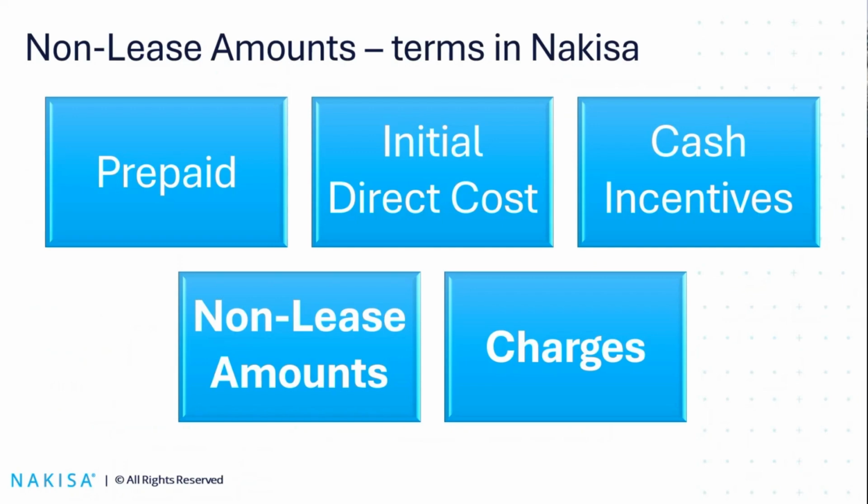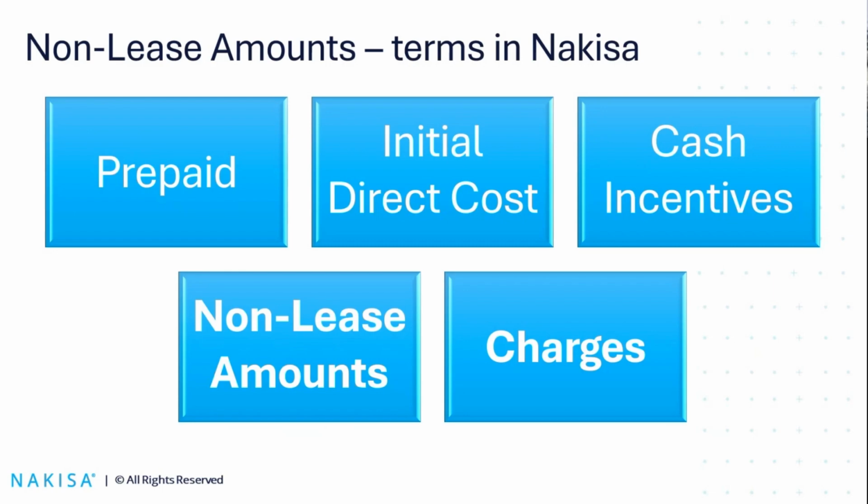So in terms of the types of terms that Nakisa offers, you all know, and you've been using in the portfolio of terms and conditions, prepaid, initial direct cost, cash incentive, and then the non-lease amounts and the charges.